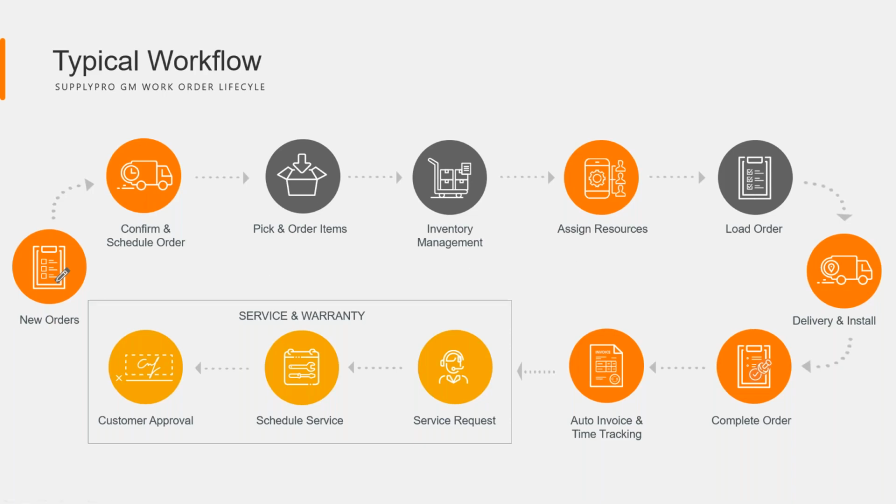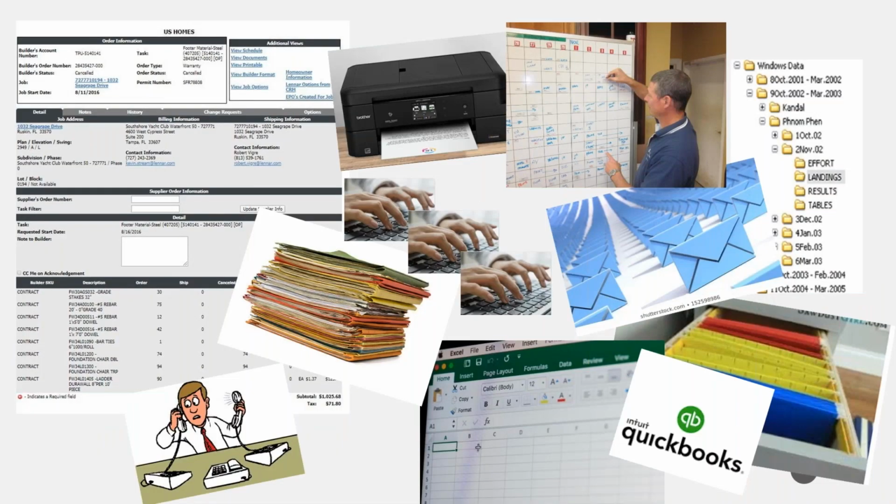As we've been working with a lot of suppliers through the years, this is what we've seen a lot of out in the actual real world. Starts off great with SupplyPro, and then from there, it turns out to be a lot of phone calls, emails, redundant data into various different systems, obviously paper folders, the traditional whiteboard for scheduling and managing, supported typically by Excel, and various emails and texts to try to keep everybody on board.